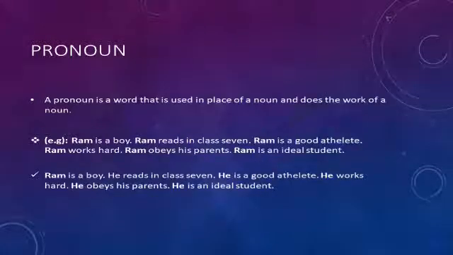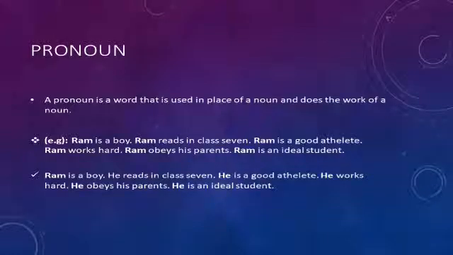Pronoun. A pronoun is a word that is used in place of a noun and does the work of a noun. For example, Ram is a boy. Ram reads in class 7. Ram is a good athlete. Ram works hard. Ram obeys his parents. Ram is an idle student.